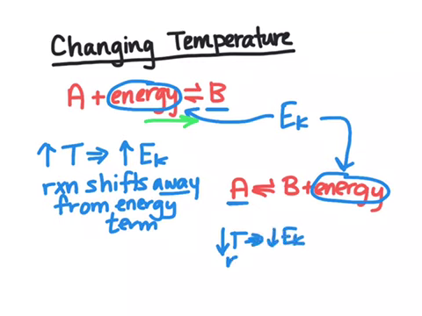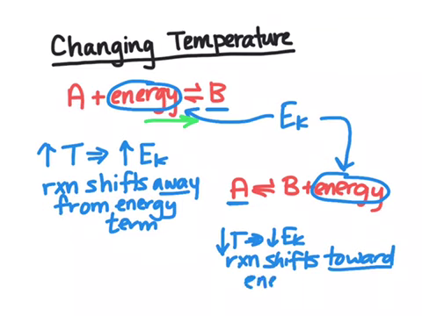The reaction is now going to shift towards the energy term to replace that removed kinetic energy. So if we look at our exothermic reaction, if we were to remove energy from this reaction, the reaction is going to shift right to replace that removed energy by converting the stored potential energy into kinetic energy.